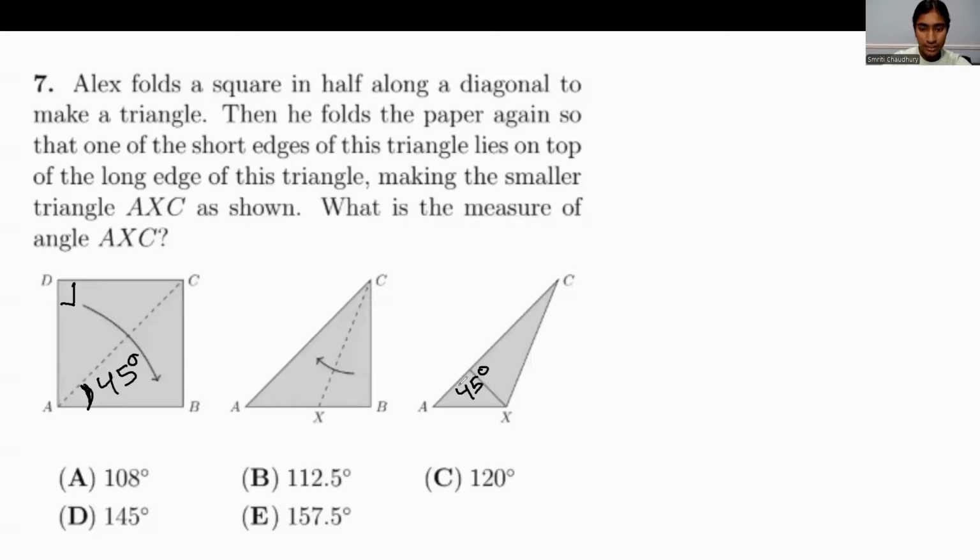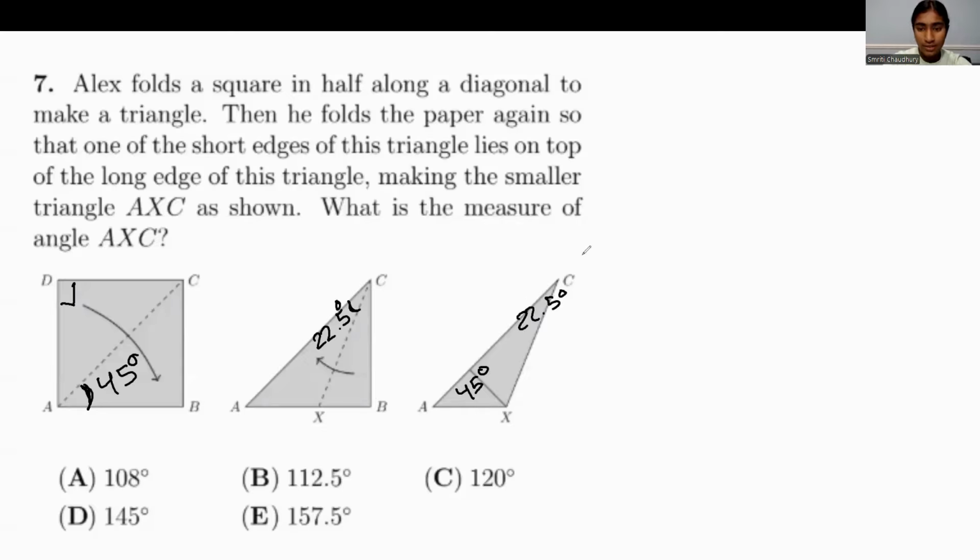Now, for finding ACX, which is this angle over here, we'll find that this angle is also 45, and ACX is this angle here, which is 45 divided by 2 again. So 45 divided by 2 is 22.5 degrees. So this angle is 22.5 degrees.